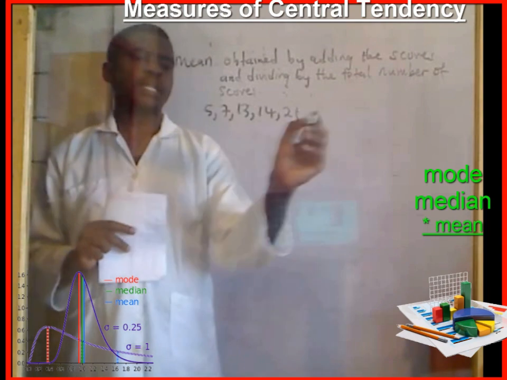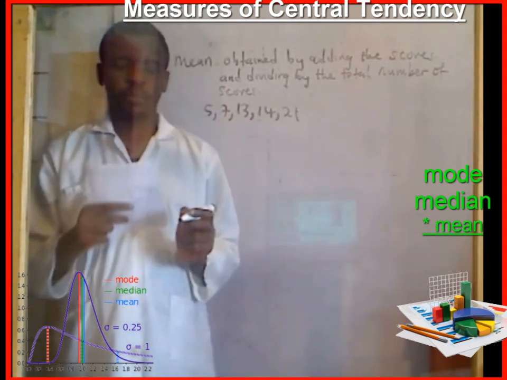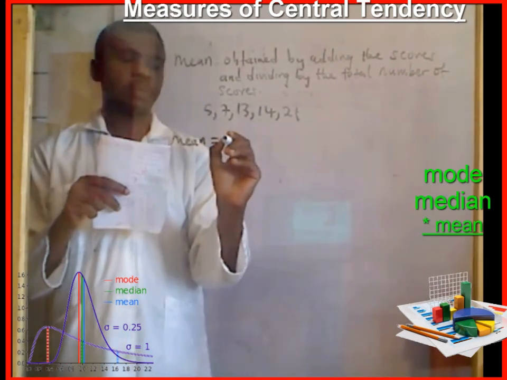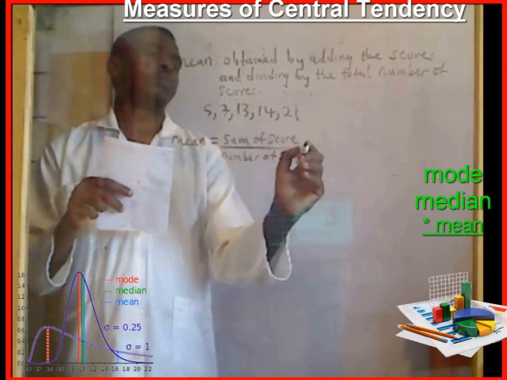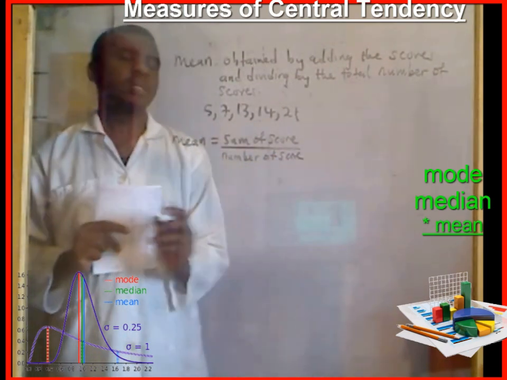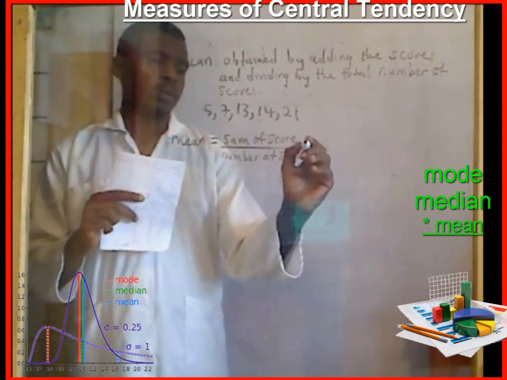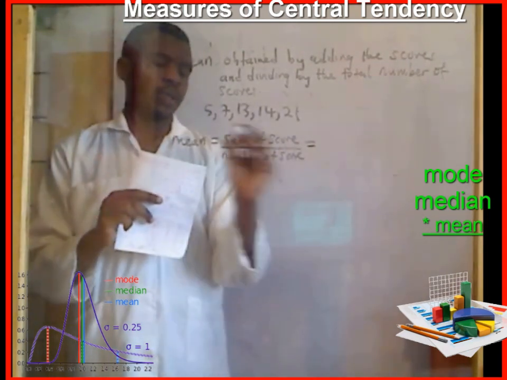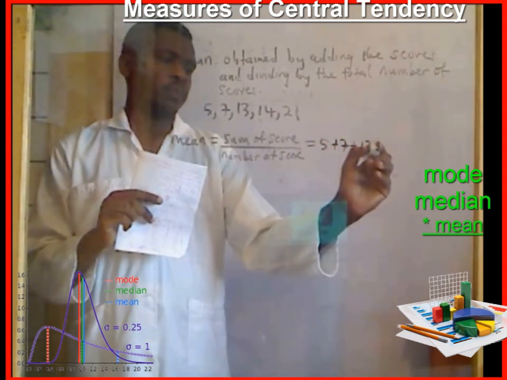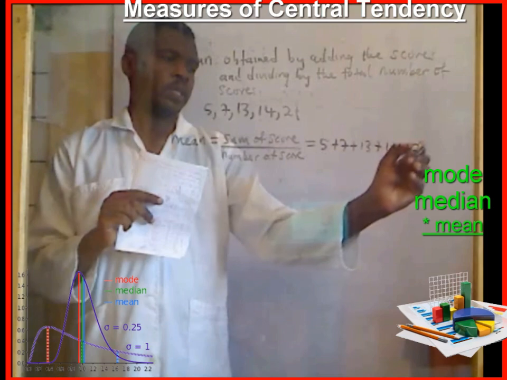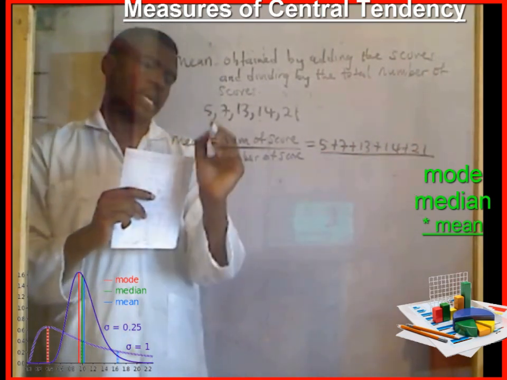So given this data, and we're asked to look for the mean, what do we do? The mean is the sum of the score divided by the number of scores. So what will be the sum of the score here? So I'll add 5 plus 7 plus 13 plus 14 plus 21 divided by the number of scores.